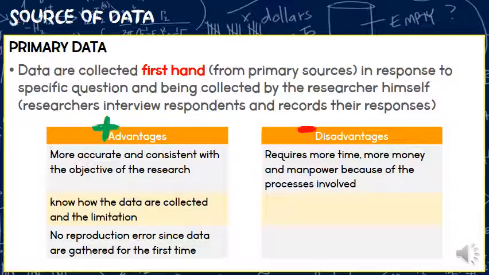The first one is primary data, where data are collected first-hand from primary sources in response to specific question and being collected by the researcher himself. I wanted to know the student CGPA. I asked the student, what is your CGPA? Saya record. Next one, what is your CGPA?